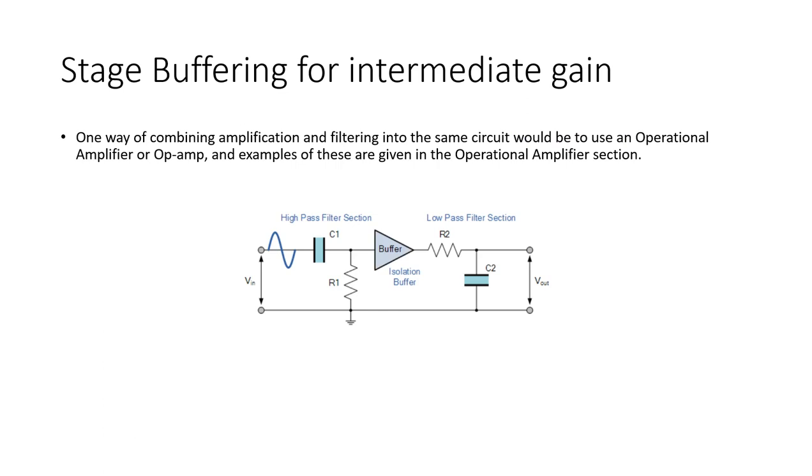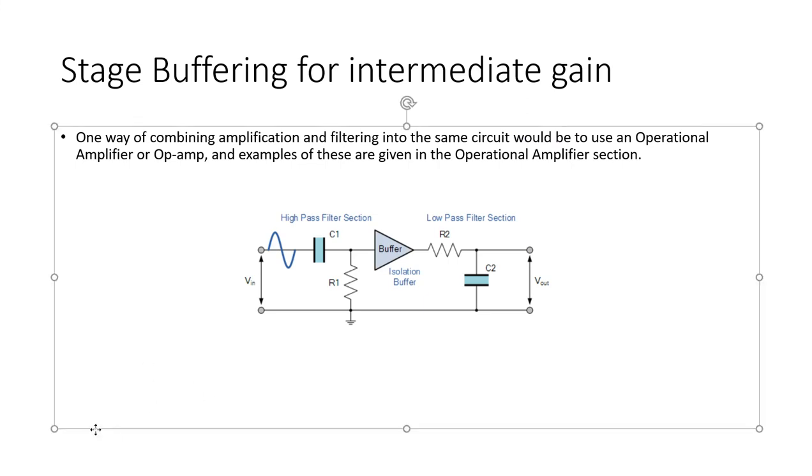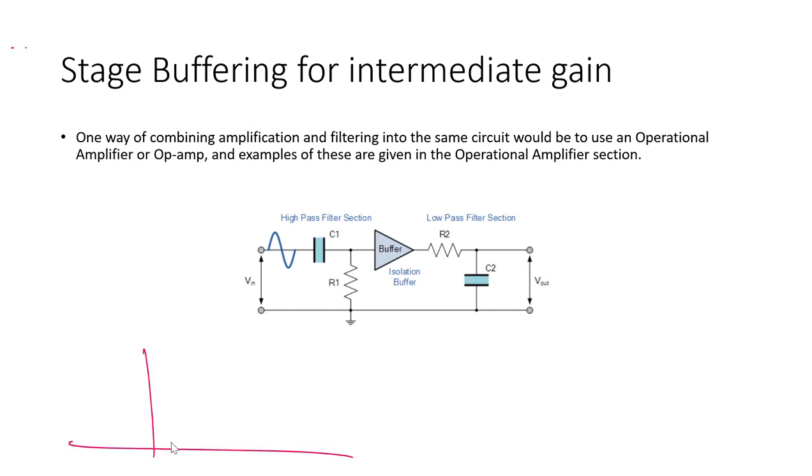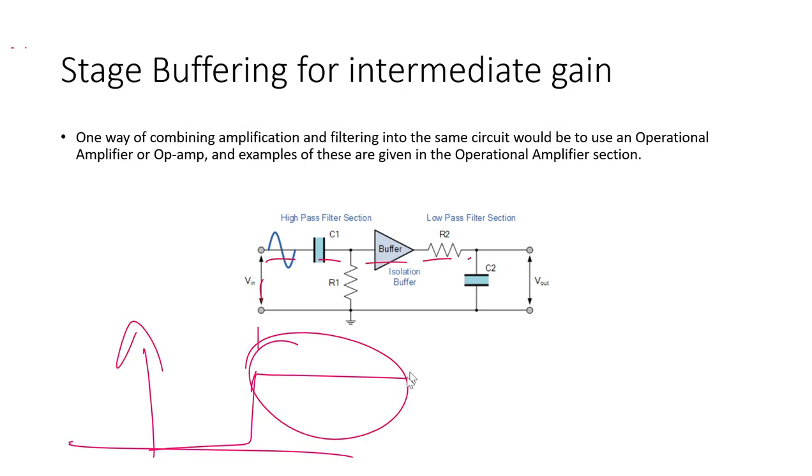We sometimes introduce stage buffering before going to the low pass filter. So we first do the high pass filter, and then we amplify this thing. We make this thing bigger, and after that we pass it through a low pass filter.